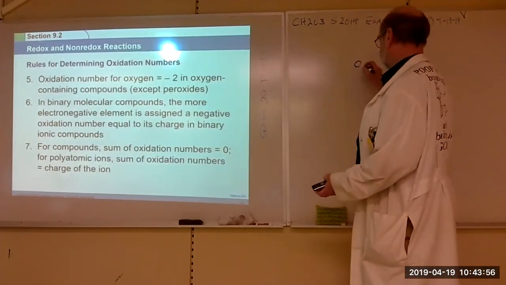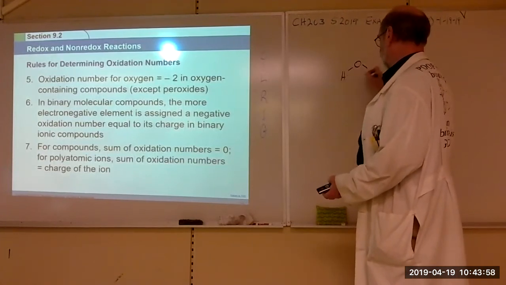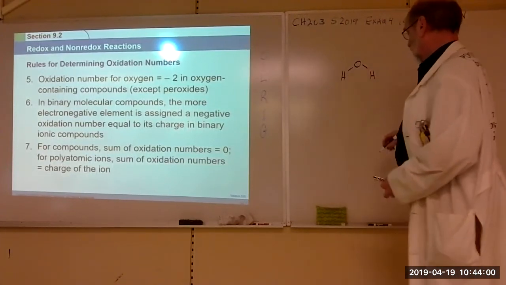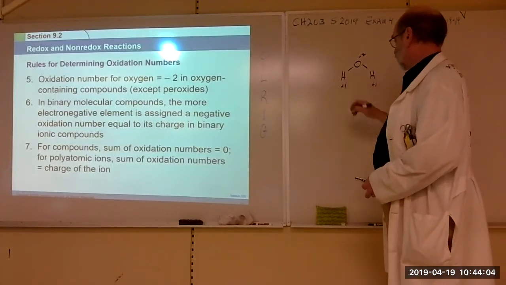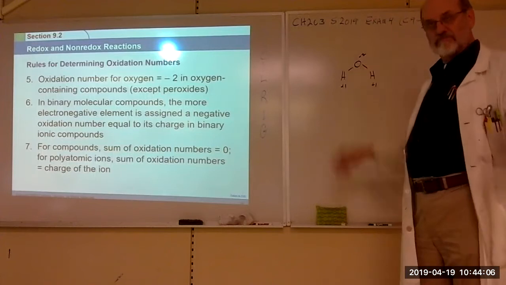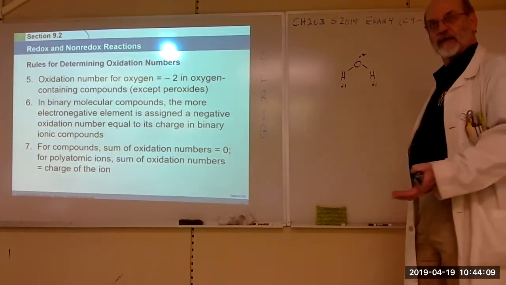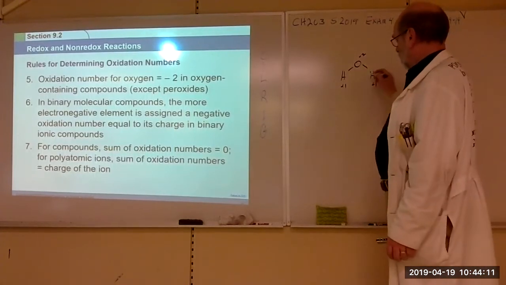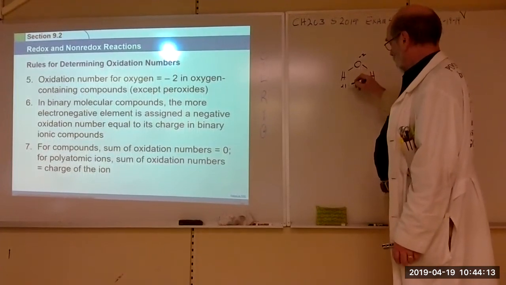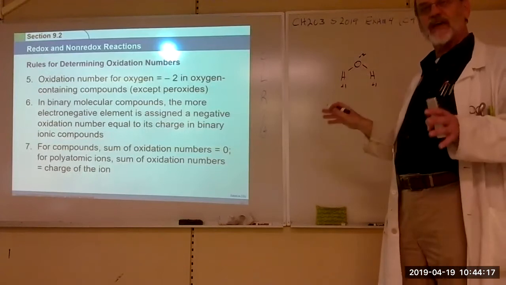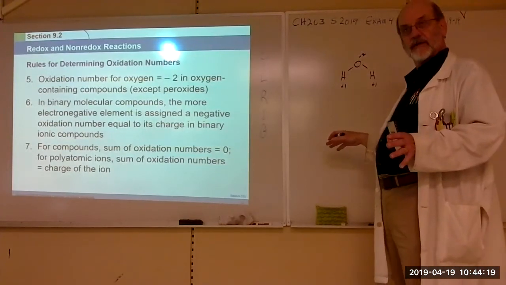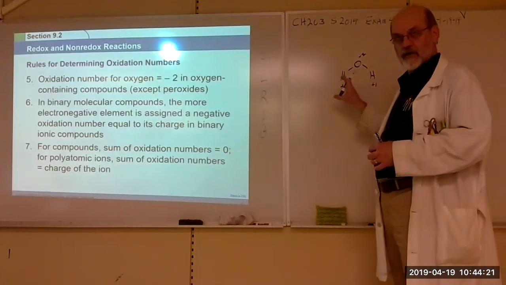So if you have water, then oxygen is going to be -2, and each hydrogen is going to be +1. So you add them all together, they're neutral. And that's also another rule. The oxidation states on each of the atoms in the compound have to add up to the charge on the compound. So if it's neutral, they have to add up to 0.